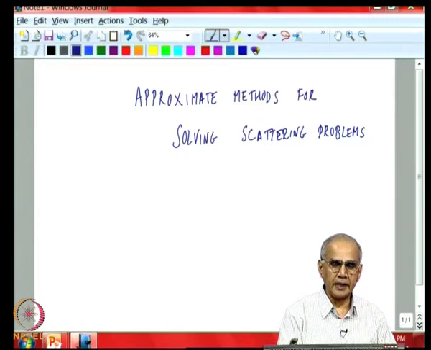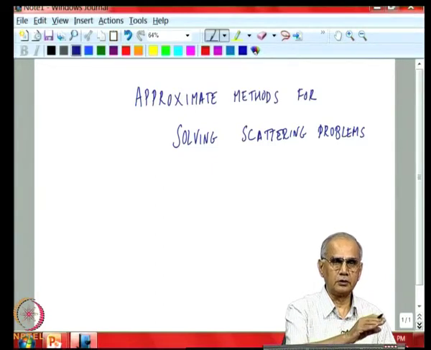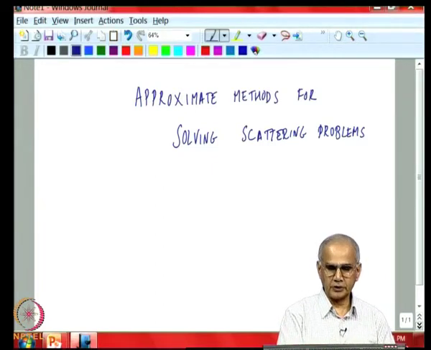But when we include scattering, the problem gets complicated by one order of magnitude, because a ray traveling in any one direction is linked to rays traveling in all other directions through the scattering process.